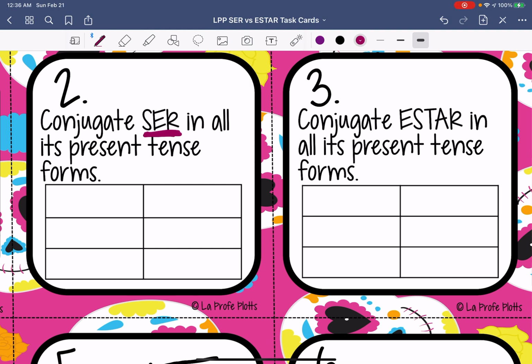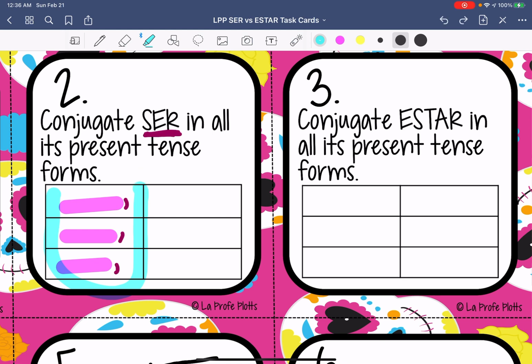And here's how I want you to type it. You're going to type the conjugated form of ser for this form, which is the yo form. Then you're going to type a comma and go to the tú form, comma, go to the usted, él or ella form, comma, and then you're going to go back up.